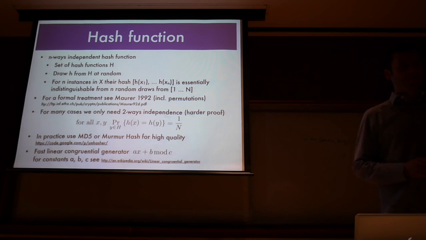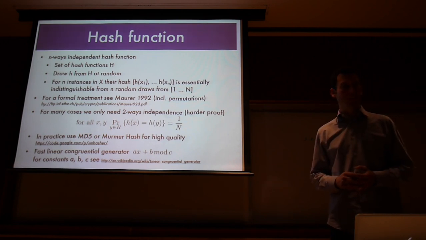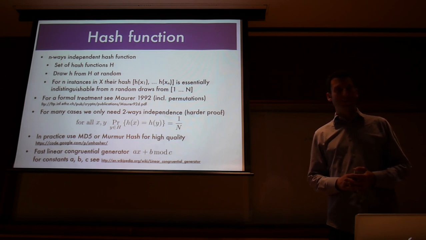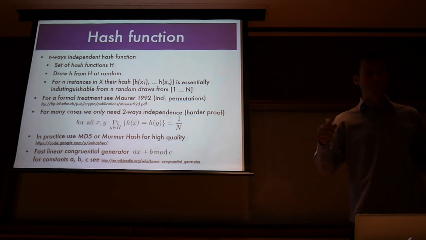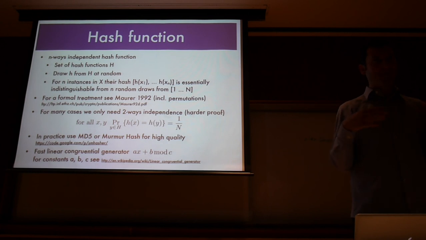The theoretical computer scientists among you will probably feel rather bad about what I'm doing there. But the point is, it simplifies the proofs a lot if you can treat the hash values of x as random variables which are uniformly distributed between 1 and n.